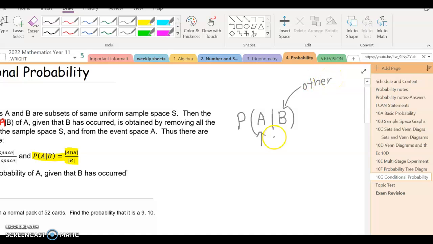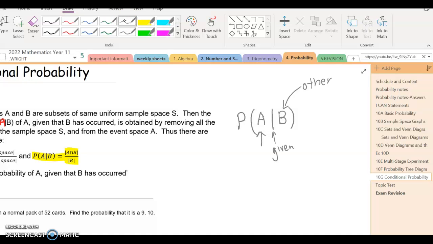We read this as A given B, or the probability of A given B. So we're still working out what the probability of A is. There's just this other information that we've found out, which we're going to call B, that we're going to bring into that question as well to help us work out the answer.